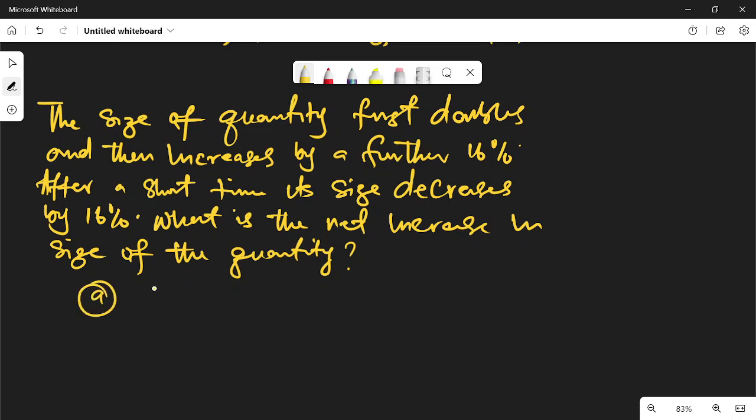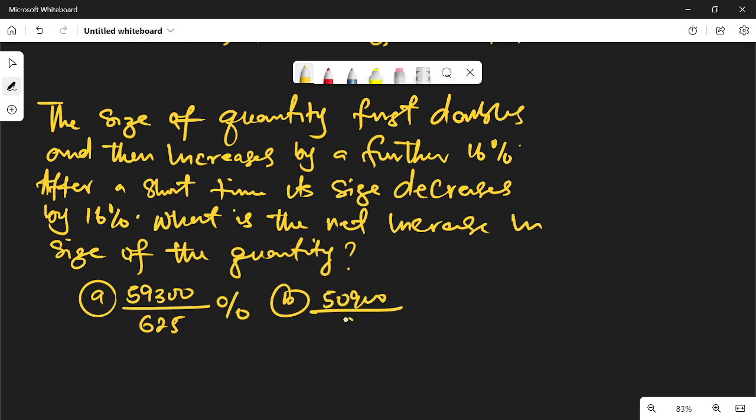Option A, you have 59,300 over 625%. Option B, you have 50,900 all over 625%.